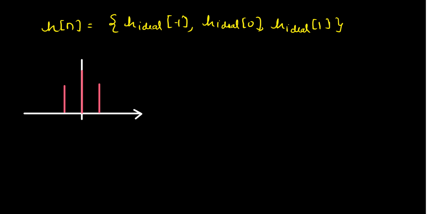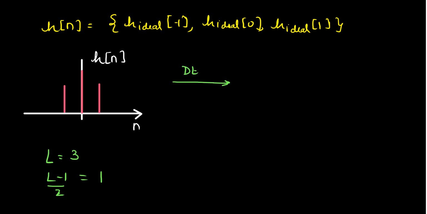This is our h of n, the length of this filter L is 3, and the value (L minus 1)/2 is 1, and suppose I shift it or introduce a delay of 1 unit.